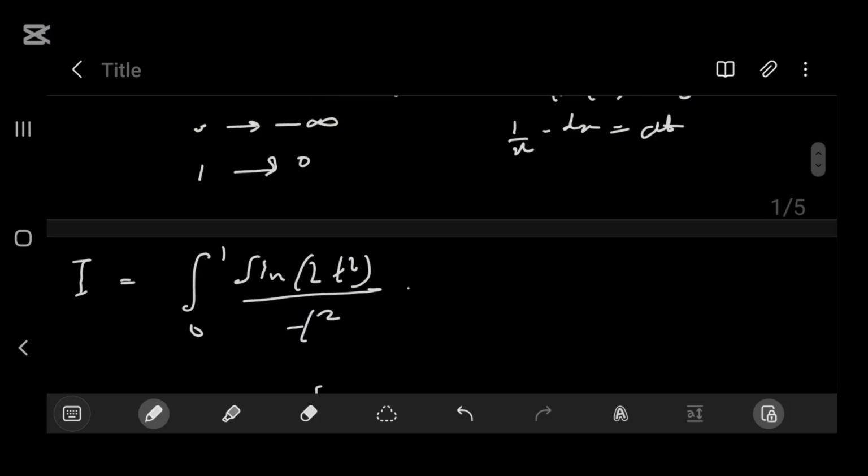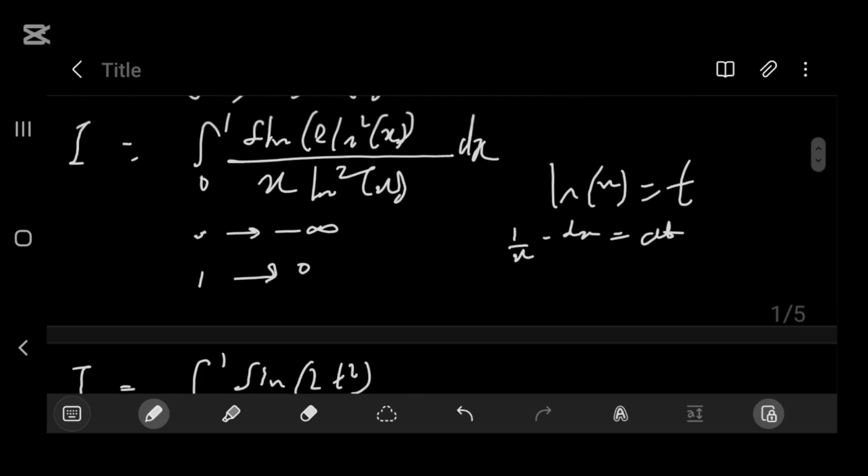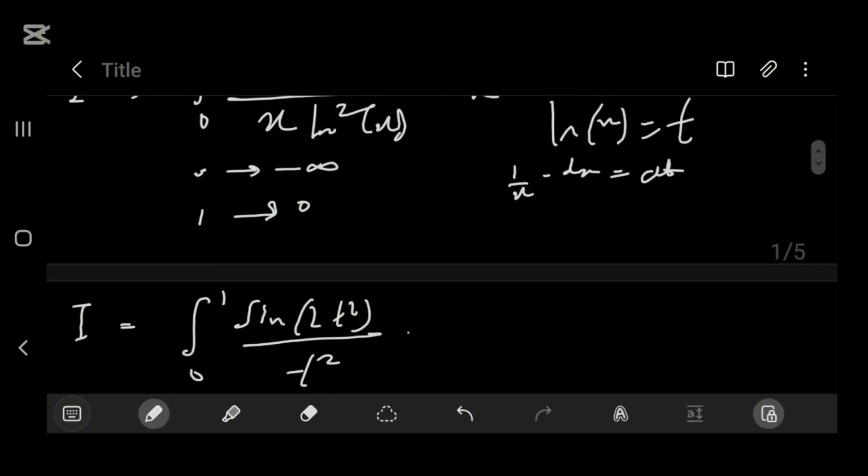So now the integral looks like this: I equals the integral of sin(2t²) over t², and we are finally left with 1 over x dx, which we can put as dt, and that's it.